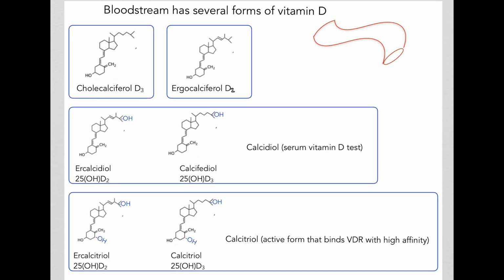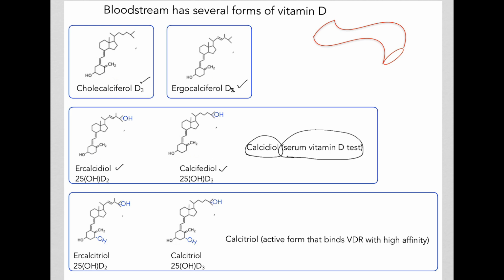So you can see we have several forms of vitamin D in our bloodstream. We have the cholecalciferol D3, the ergocalciferol D2, and the calcidiol forms, and this is what is measured in the serum vitamin D test to determine the amount of vitamin D in the body.